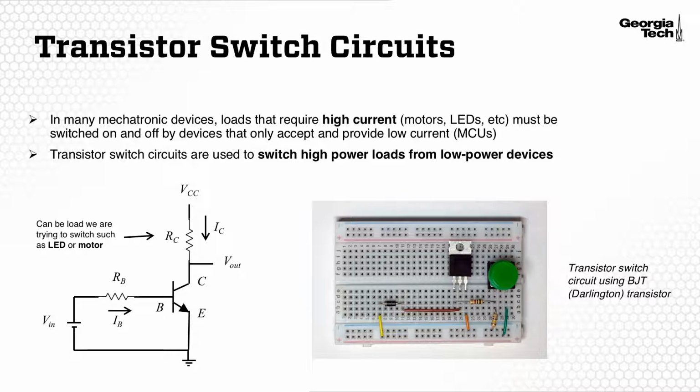We have VCC, which is our battery voltage or our power supply voltage, and that's going to be used to provide high current through our load. Our load here is denoted as RC. We also have a voltage input to the base, and that voltage input is going to be driven by our logic level device, for instance, our microcontroller.